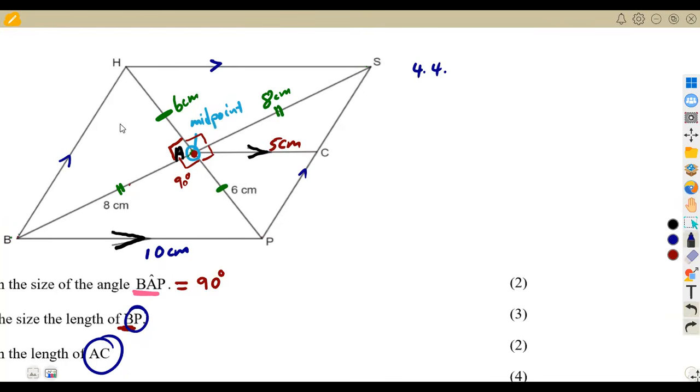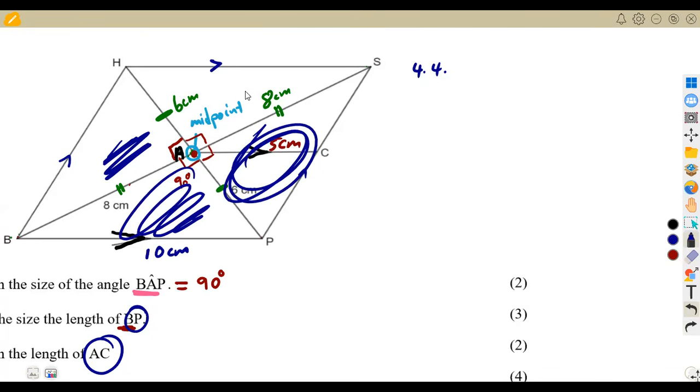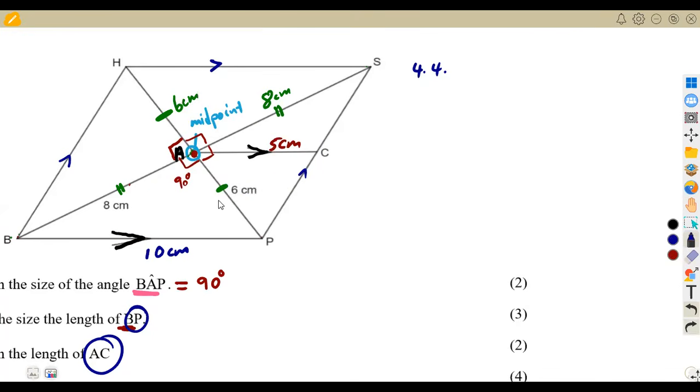So the area of each of these triangles is equal. They've got the same area. How many triangles are there? There are 4 of them, all right? Let us consider this as our reference triangle. So you have 1, 2, 3, 4.